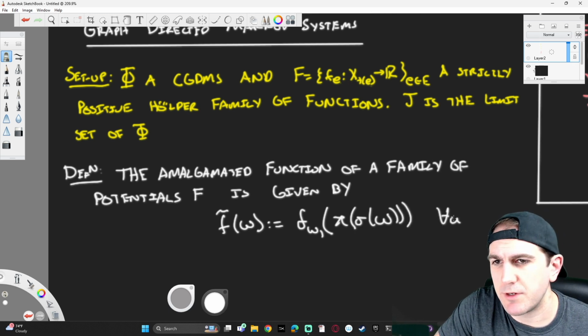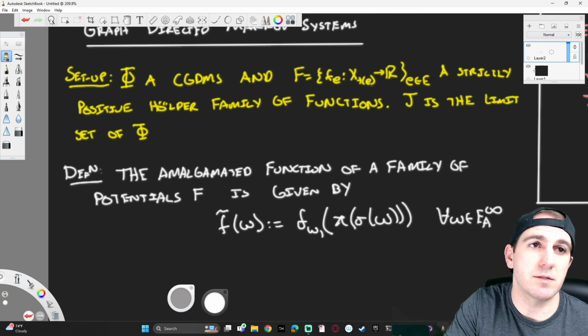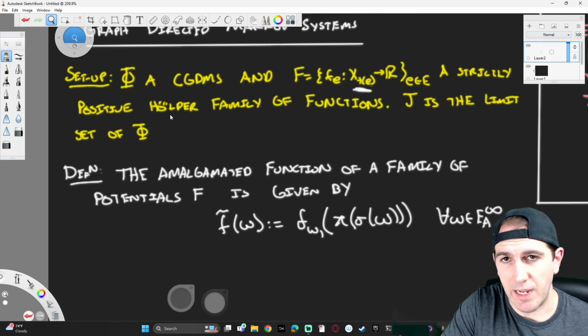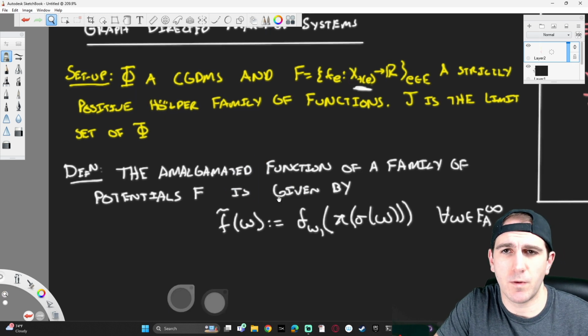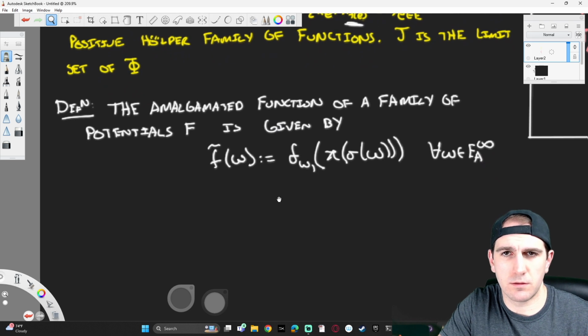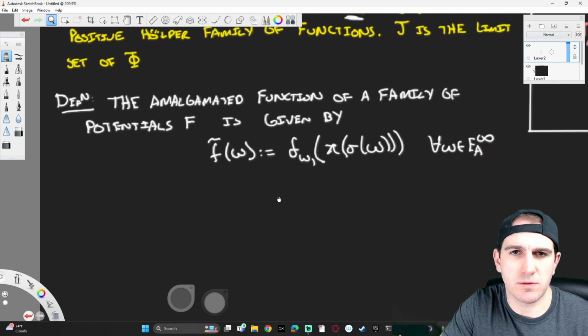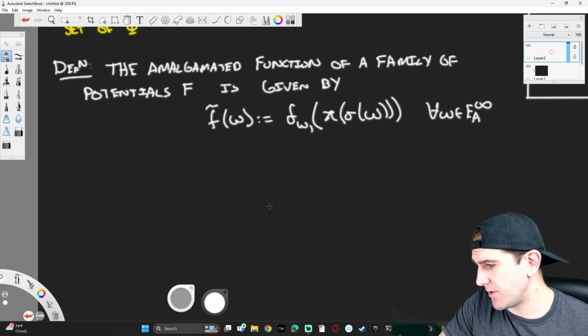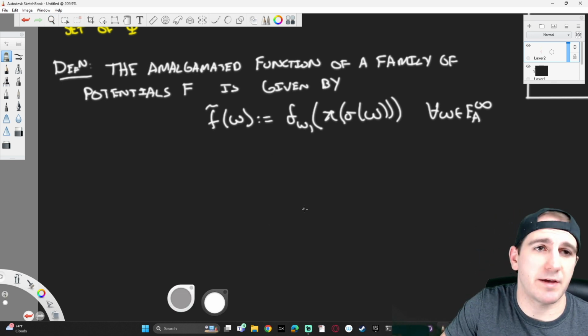And this is for every omega within your symbol space. So it translates information about functions on these metric spaces to a single function on your symbolic dynamical space.